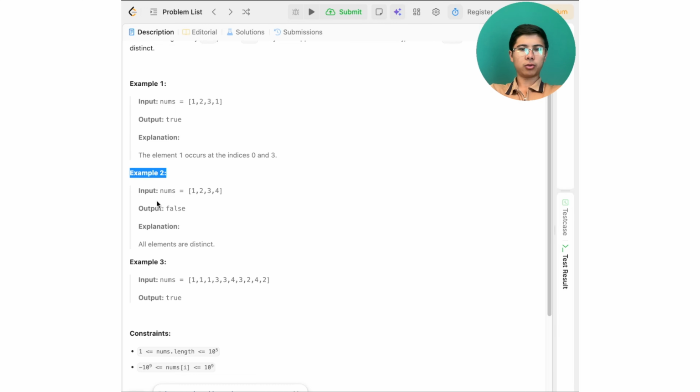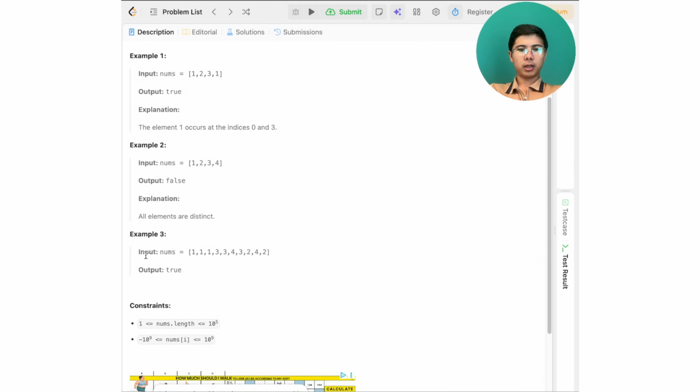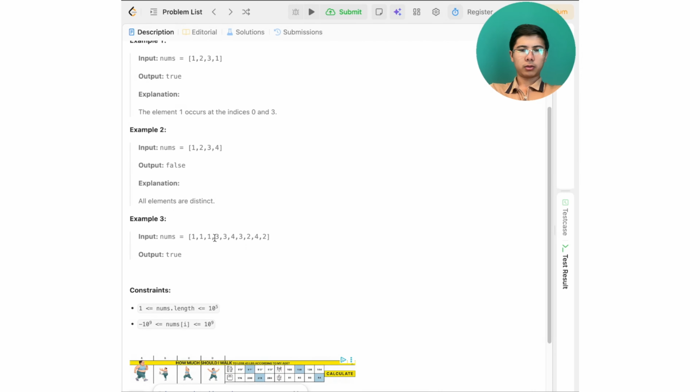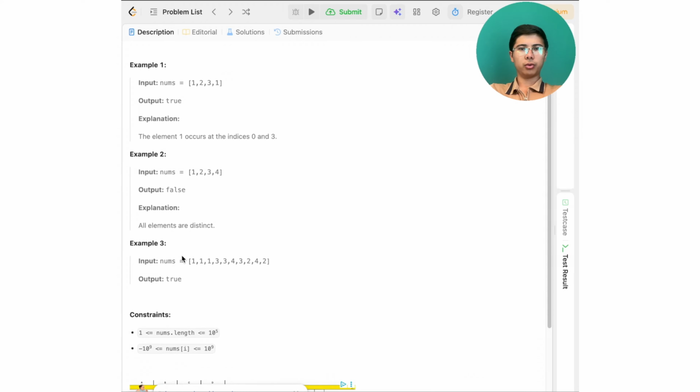In example 2, if input nums is 1, 2, 3, 4, the output needs to be false, because all elements are distinct. Example 3, input nums has several repeated values, where some numbers repeat multiple times, and the output exactly returns true.